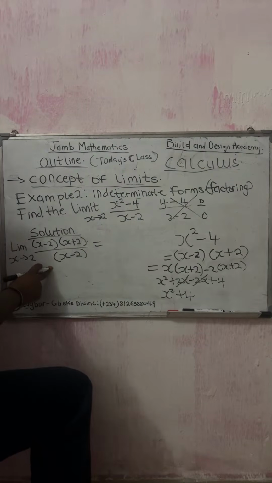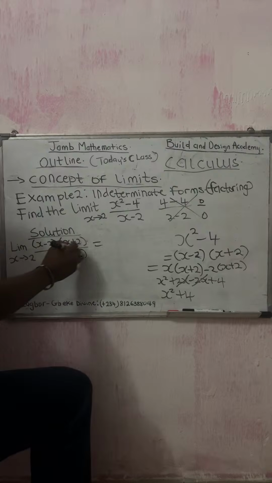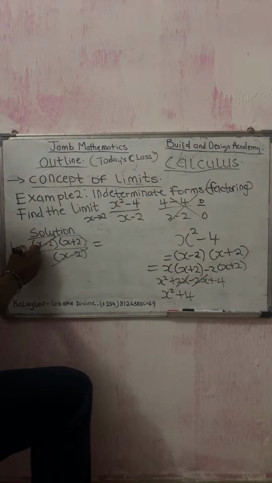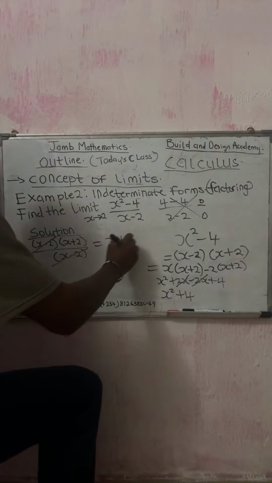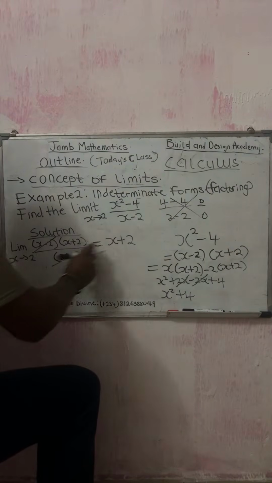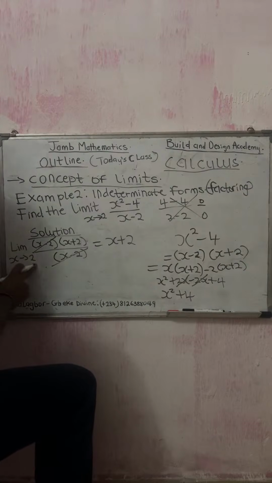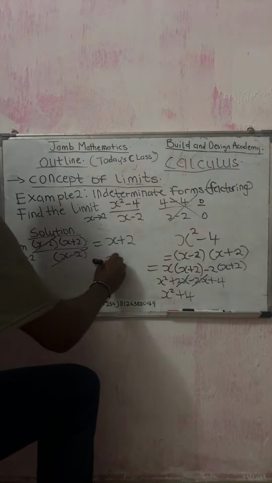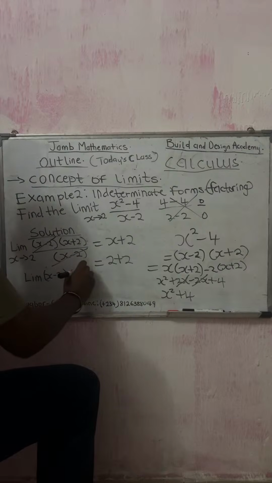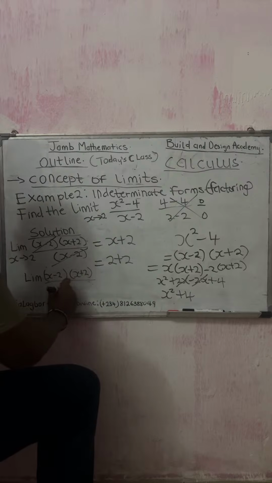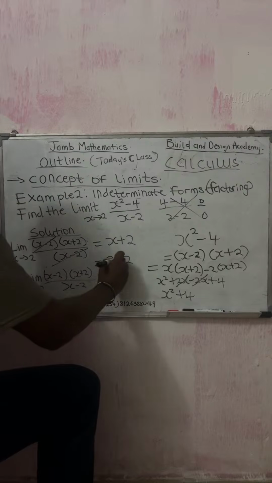Before we do direct substitution, we know that x minus 2 will cancel out x minus 2. So we are left with x plus 2. So if we substitute in the value of x as 2, we will now have 2 plus 2. And we now have our limit of x minus 2, x plus 2 all over x minus 2 as x approaches 2 will be equal to 4.